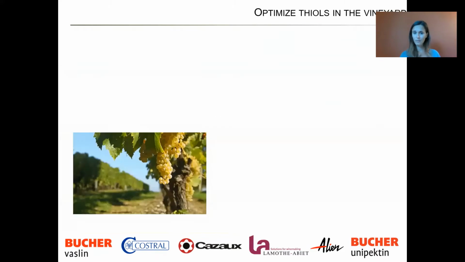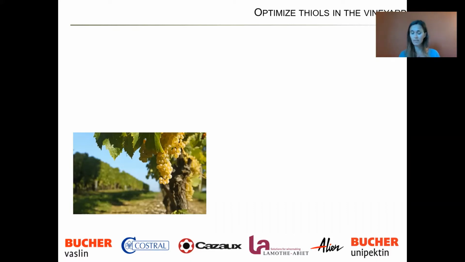Okay, so before we go into the winemaking part, let's talk a little bit about the vineyards, because since these compounds are present in the grapes, there are strategies on how to conduct the vineyard to increase or decrease the production of these aromas. There is a lot of literature on this. I just want to summarize some of them that are important.